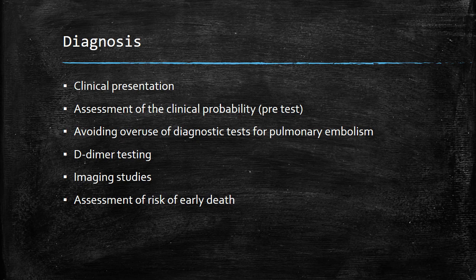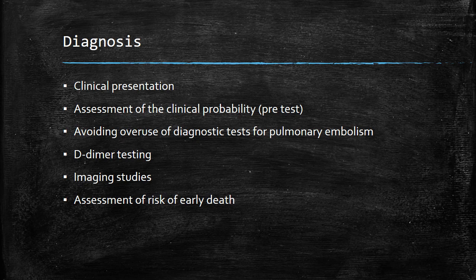The diagnosis is really important in this scenario, because it is not only clinical. We have so many diseases in which we make a clinical diagnosis, but in this situation we cannot do so, because the clinical presentation is very vague, very uncertain.